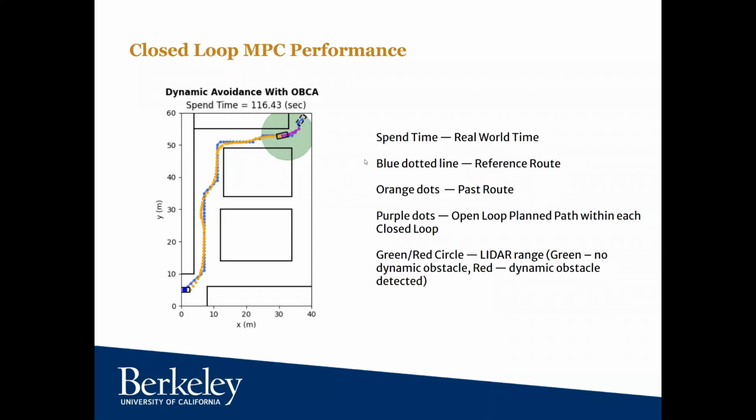We generated a closed-loop MPC simulation as shown in the GIF on the left. The span time on the top is the real time that our dining car spent to achieve the corresponding positions. The blue dotted line is the reference route we generated prior to the closed-loop simulation, which is generated from A-star. Orange dots are the past positions that the dining car went through, and the purple dots are the open-loop positions that our MPC generated within every closed loop.